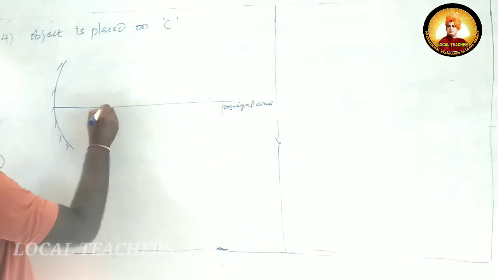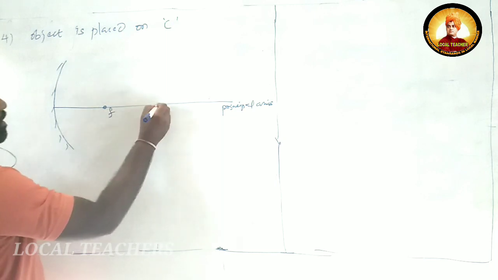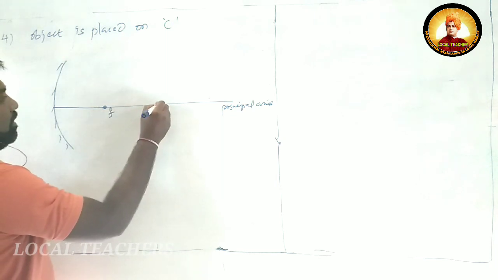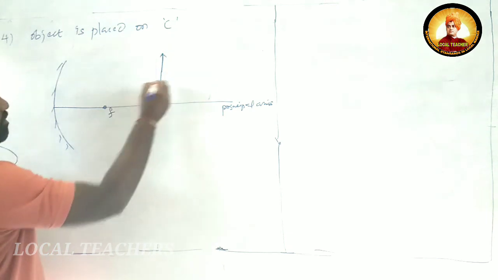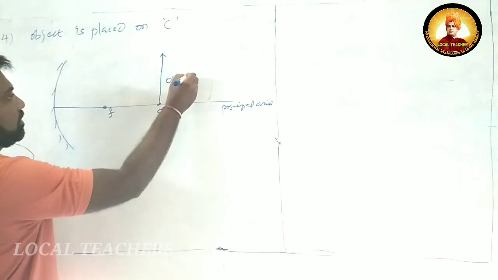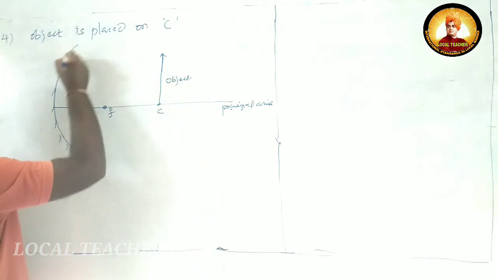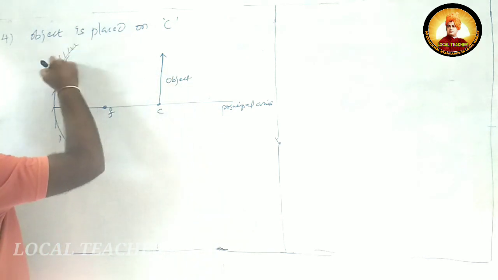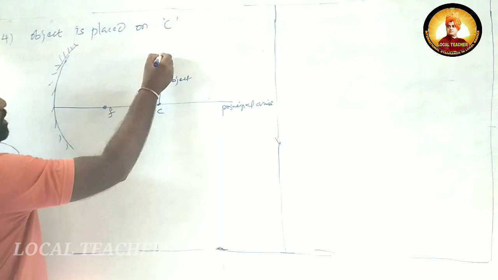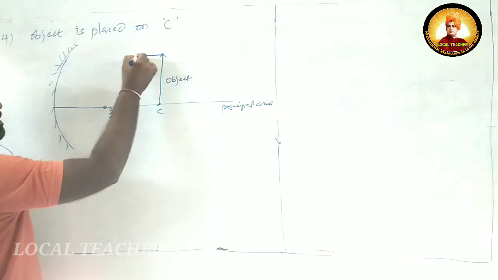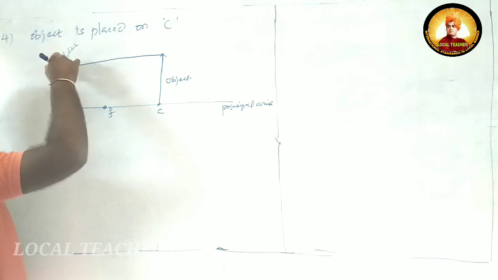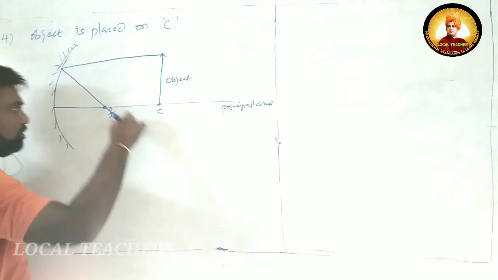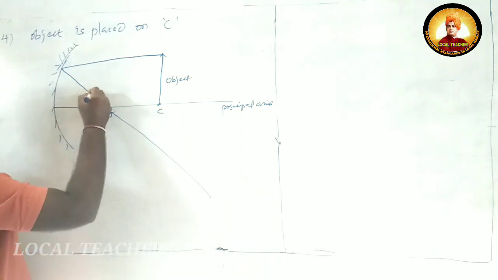Consider here it is F and this is C. On the center of curvature, we consider an object. From the top of the object, we consider an incident ray traveling parallel with the principal axis. After incidence, it will reflect and pass through the focus point.